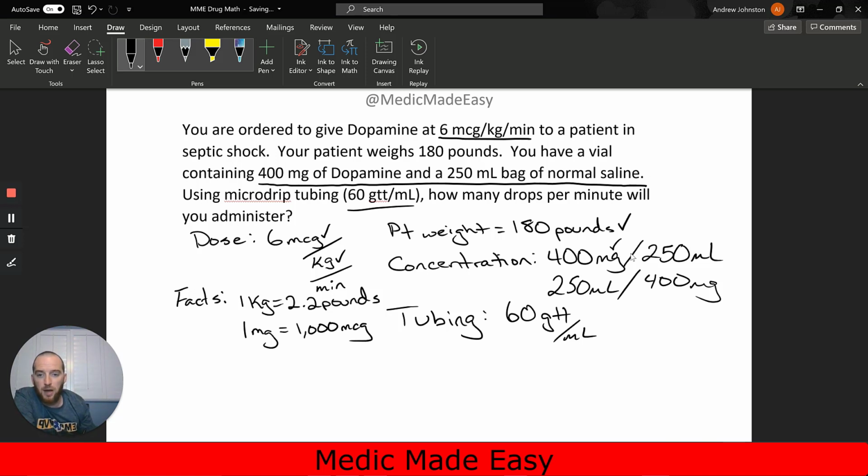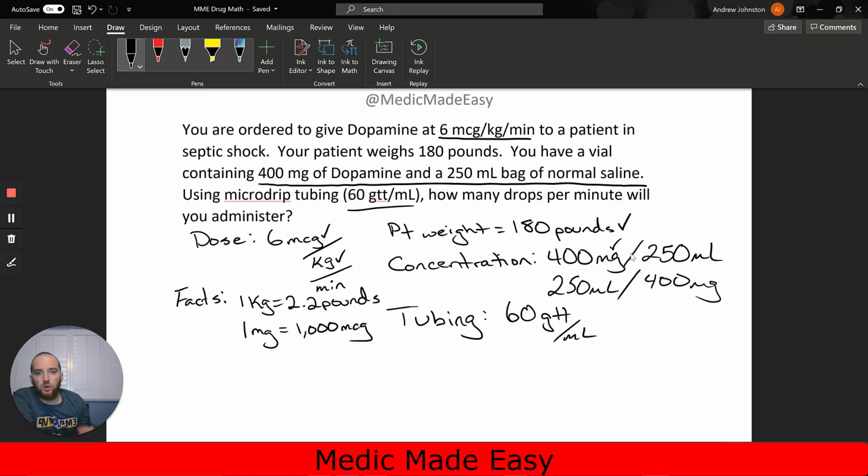It's kind of like 3 feet is the same as 1 yard. It's the same distance. We can say 1 milligram, or we can say 1,000 micrograms. Just like we had 1 gram is 1,000 milligrams, we have 1 milligram is 1,000 micrograms. Okay? So with all this information, we're going to be in a good spot.